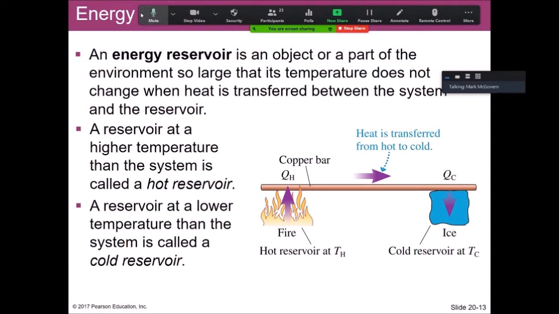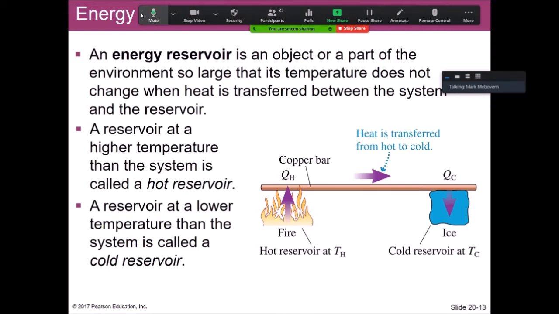Okay, so in the example here, we have this copper bar placed above a fire, and it will heat up the bar due to conduction. There will be energy that will transfer through the bar, and then it will eventually hit an area that is, well, you don't really need to have the ice there, I suppose. The idea is that the bar gets hotter and the energy flows to the right-hand side.